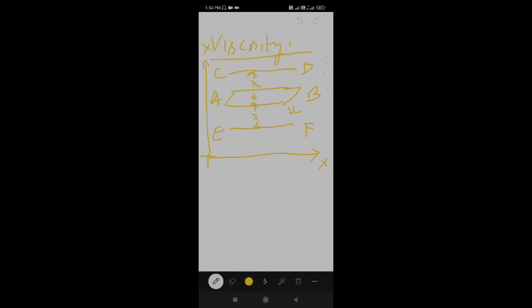So the rate of increase or decrease of velocity is du by dy. We call this the velocity gradient. So the velocity of molecules in this bottom layer then becomes u minus lambda du by dy.